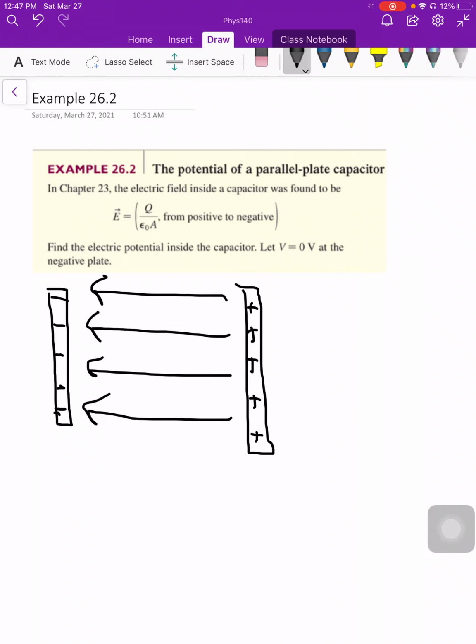And let's say that this is 0 volts, and this is some other voltage we don't know yet. That's what we're solving for. We'll say V final. Let's say we're solving for V final. And let's say this is x equals 0, and then this is x equals d.